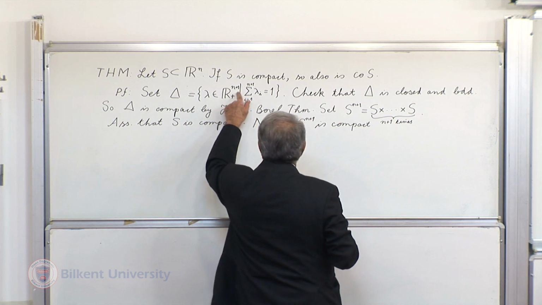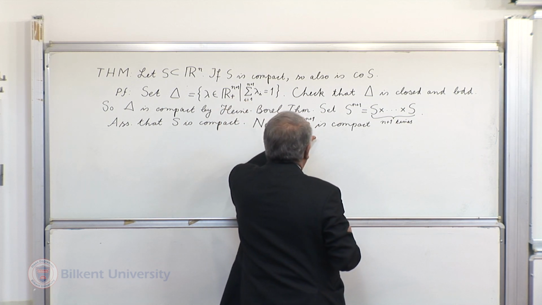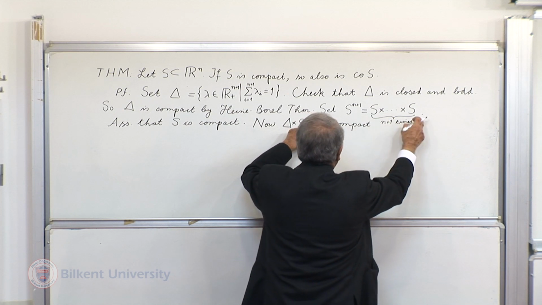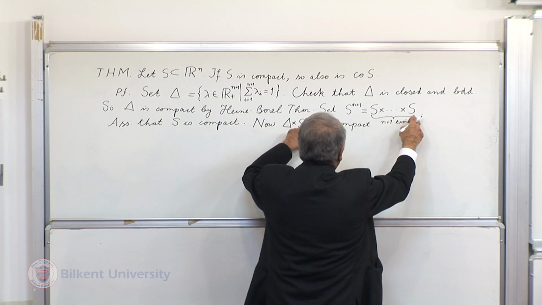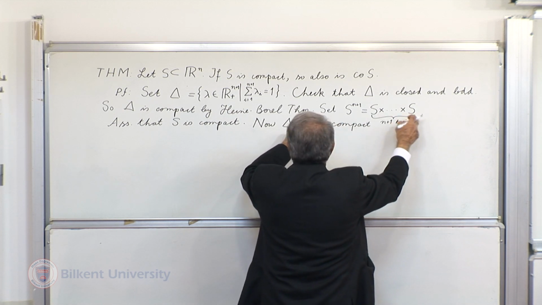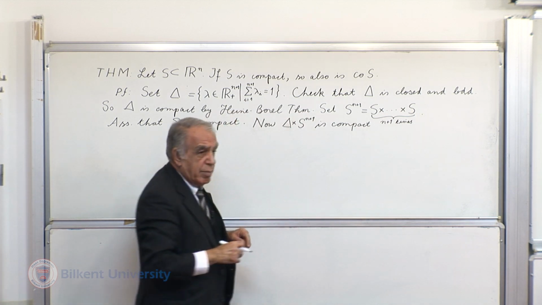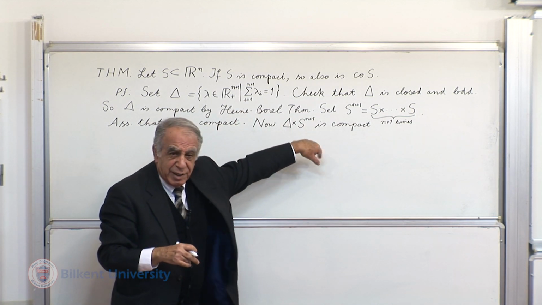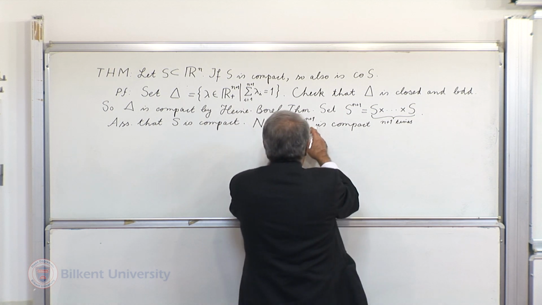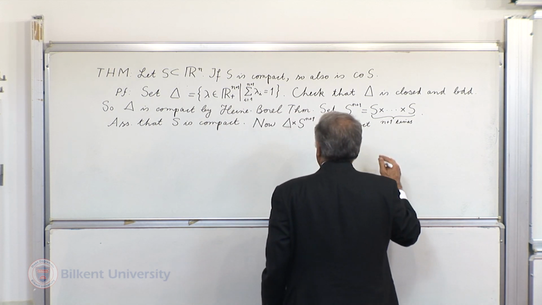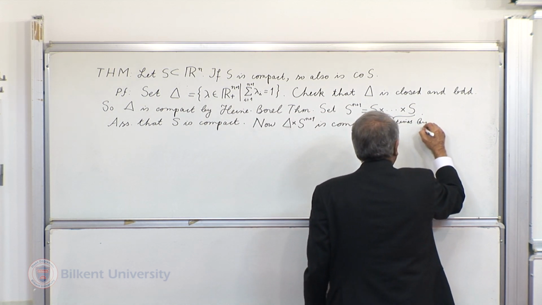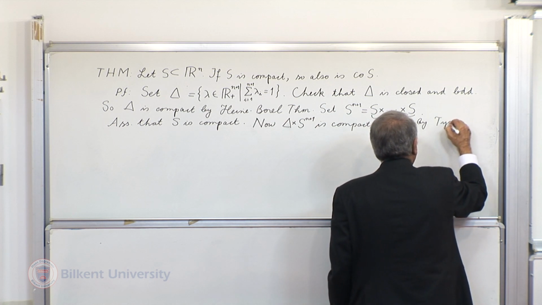Well, no, each of these is in Rn, so we'll have n times n plus 1 plus n plus 1. So that will be the dimension of this, by Tikhonov.